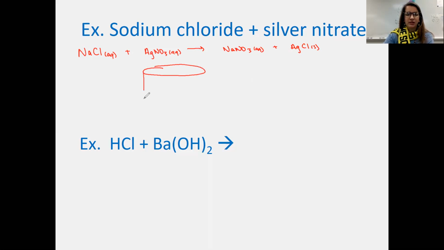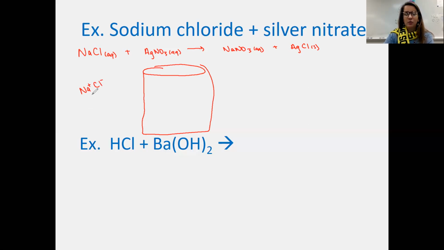And I'm a fabulous artist, as you can see. So first I'm going to add in my sodium chloride. Now when it says aqueous, that means it's dissolved in water. We know that an ionic compound is a positive ion bonded to a negative ion.